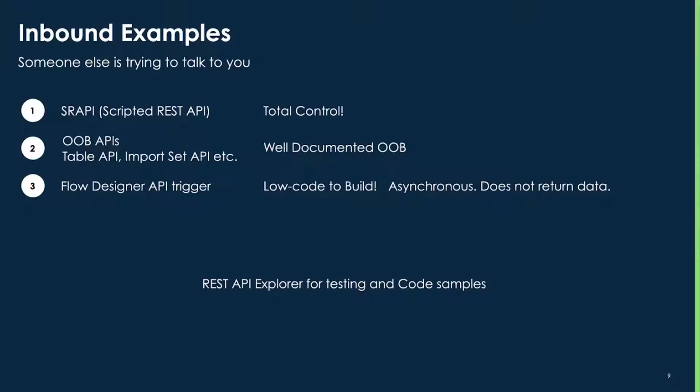Now, no matter which one you choose, you can and should make use of the REST API Explorer for testing. You can find it by filtering the left nav or the all menu if you're using the Next UI. And one of the bonuses, not only can you test it that way by setting all your parameters, but it'll even give you code snippets that you can then pass along to that third-party developer of like, here is everything you need to talk to this API correctly, so that they're not stuck only searching through documentation, especially if you made a scripted REST API or a Flow Designer API trigger.